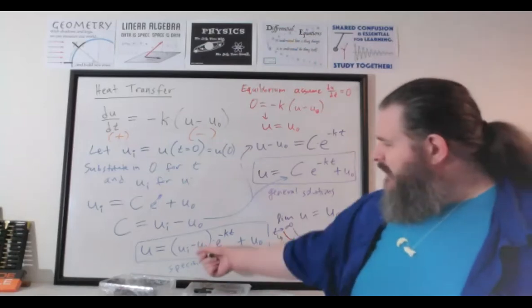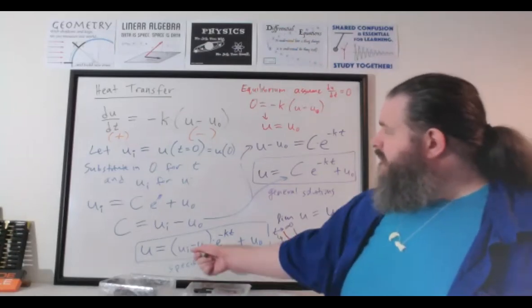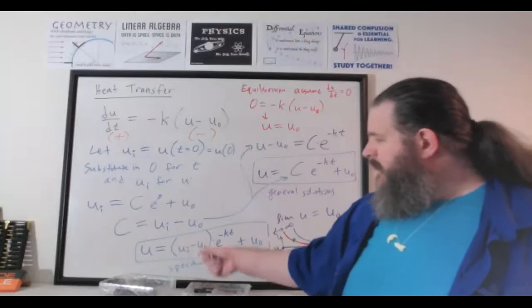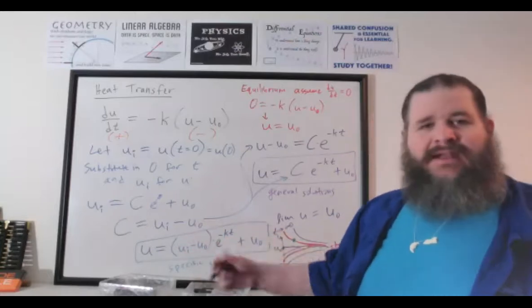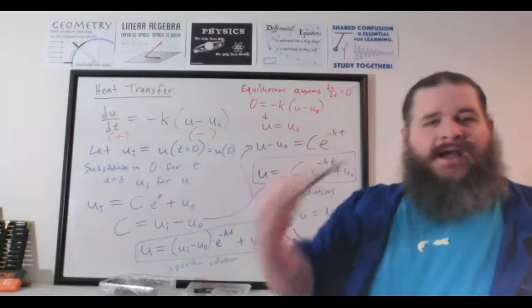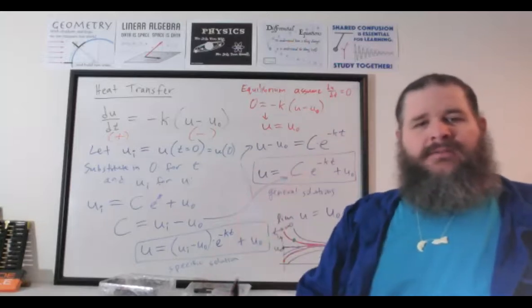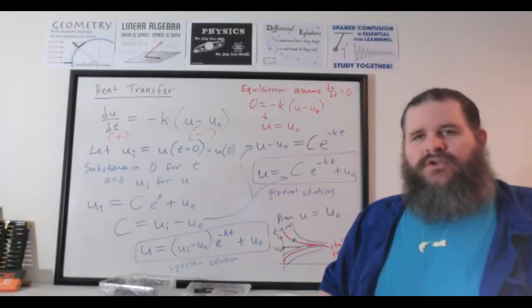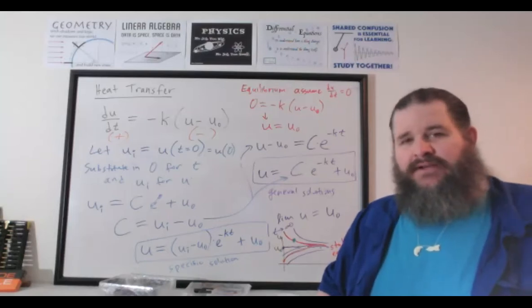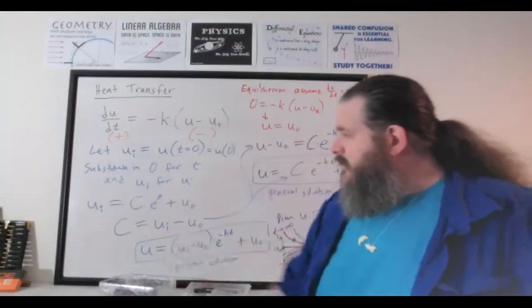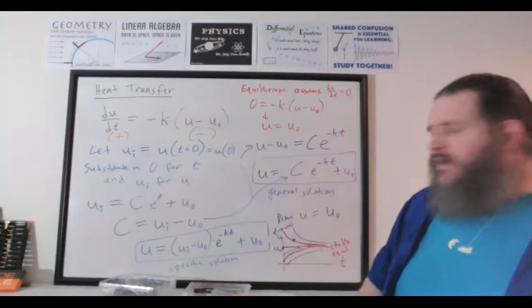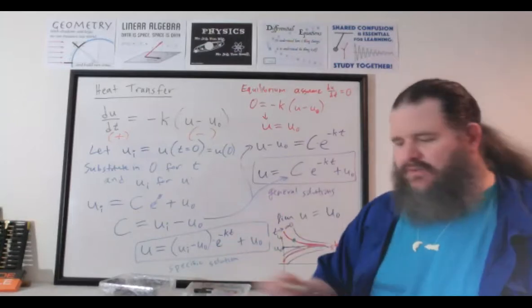I think we can even see that from the specific solution, that if u initial is smaller than u naught, this is going to be negative. A negative multiplier times e to the negative kt means an upside down exponential decay. So it's going to be decaying upwards towards the asymptote. So you can often get the same information from the original differential equation, graphs of it, either using the general solution or a direction field, and from the general or specific solution.